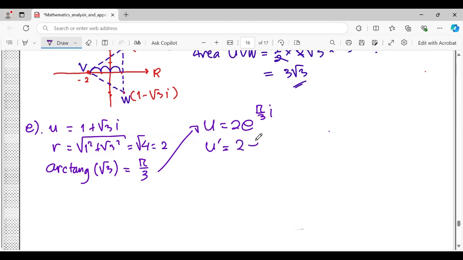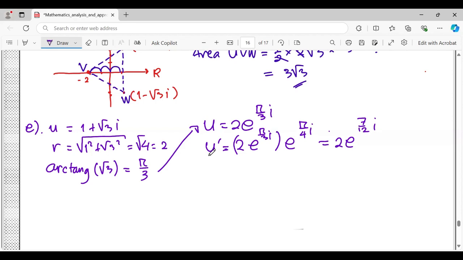It means 2e to the power pi over 3 i multiplied by e to the power pi over 4 i. Okay, and it is 2e to the power 7 over 12 i.